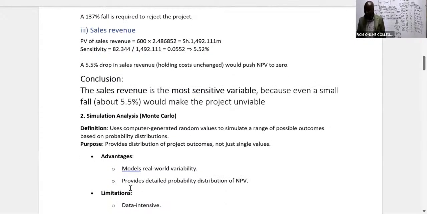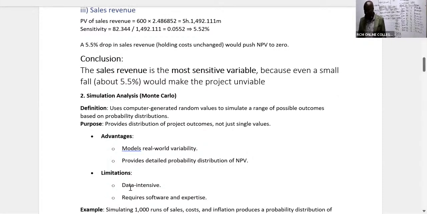Like it models real-world variability, provides detailed probability distributions of net present value, many NPVs, many scenarios. Limitations: it is data intensive. I'm so sure you have hated the method, not because it's hard, but because it's very involving. It requires software and expertise. That's another limitation.